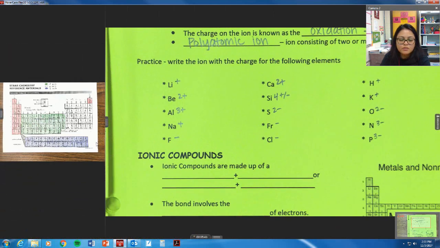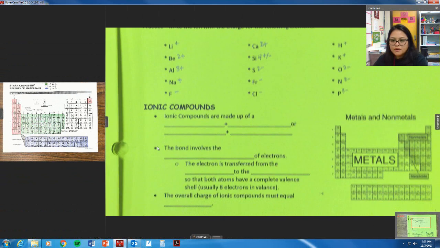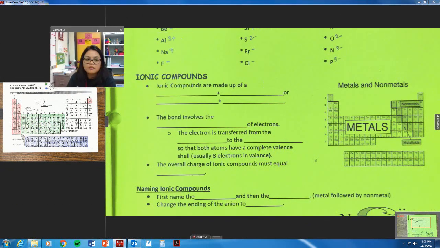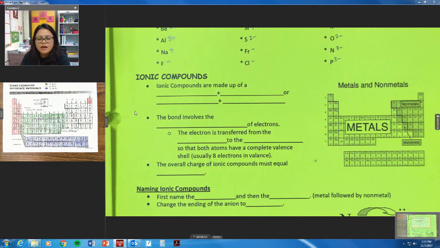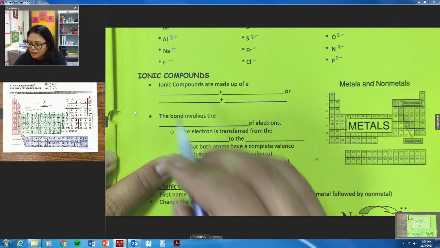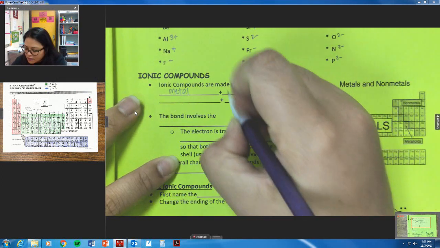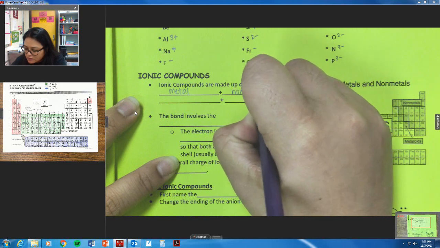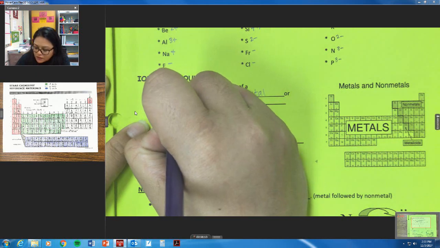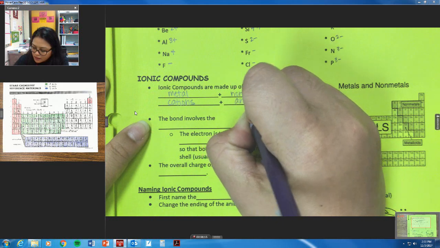Okay, so that was just supposed to be a review from yesterday. So, ionic compounds. Ionic compounds are made up of a metal and a nonmetal, or you can consider them as a cation and an anion.